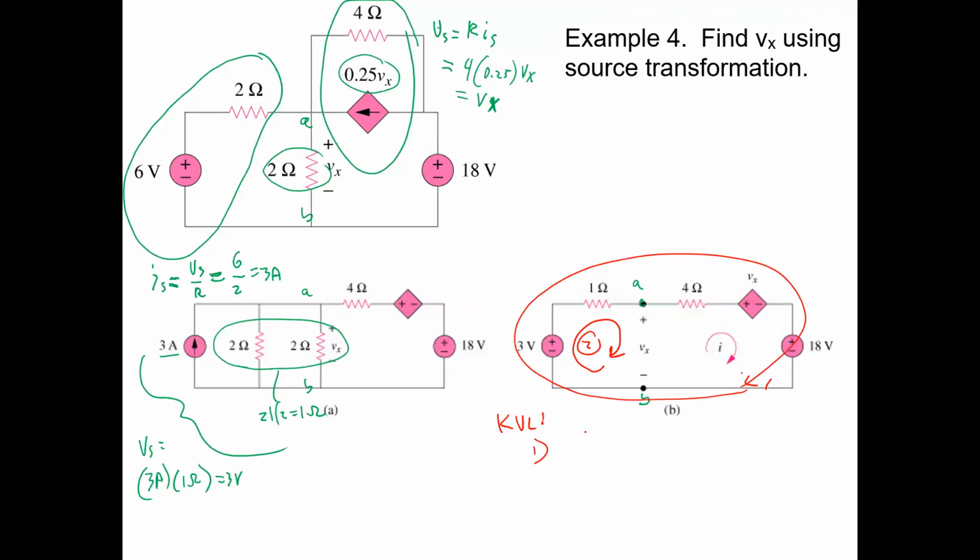So around the whole thing, you can say, okay, -3 plus 1 times I. You've got a single loop there, so you have 1 times I plus 4 times I plus Vx plus 18 equals 0.